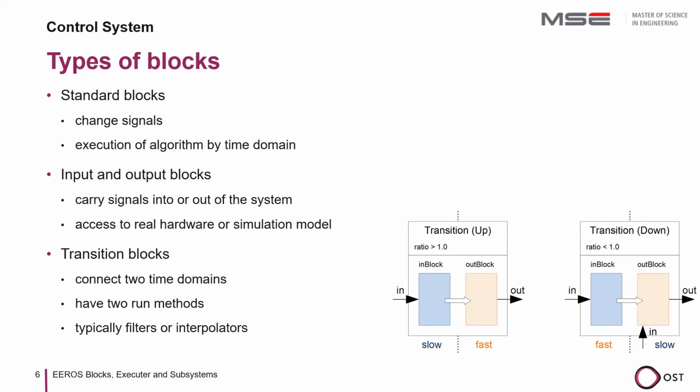The example on the right shows a transition block from fast to slow. Often only the last measured value is used, but it makes sense to use the high number of input values to filter and smooth the signal. In many cases, filtering should also be used so as not to violate the Nyquist-Shannon sampling theorem.